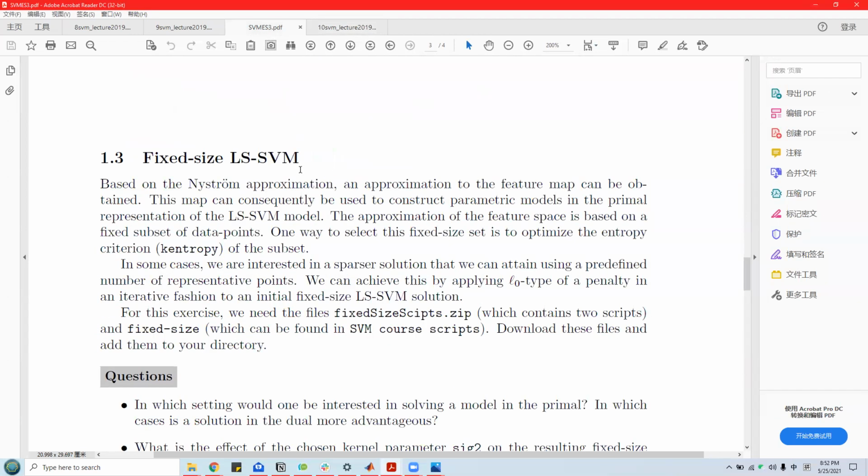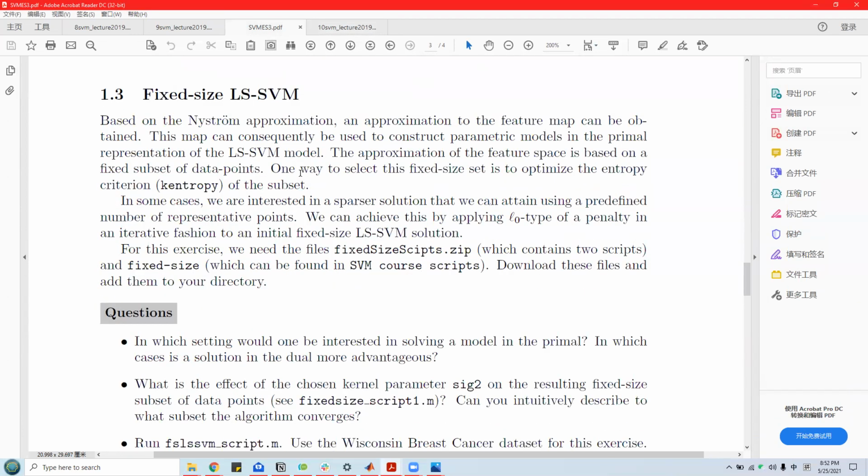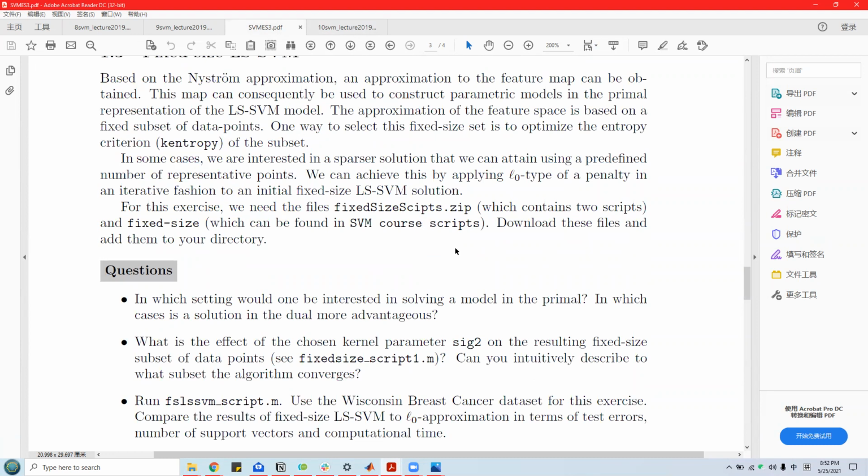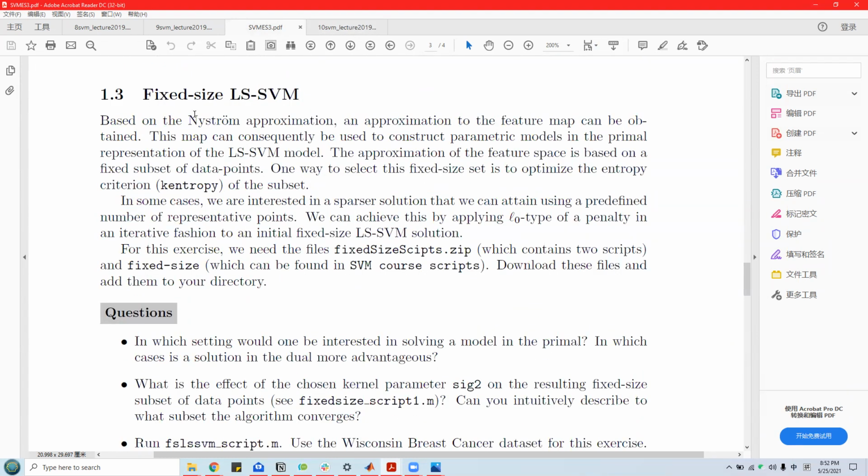All right, so now let's move on to the fixed size LS-SVM. From what I understood for this one, the context is what do you do with large data sets with a larger amount of data points.